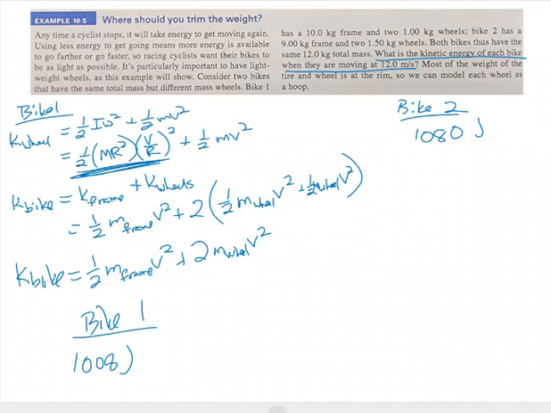Because it makes less energy to start. It will take energy to get moving again. We calculated the amount of energy it takes to get moving, so bike 1's going to be greater. Or better, I should say, not greater. Yeah, bike 1's better.